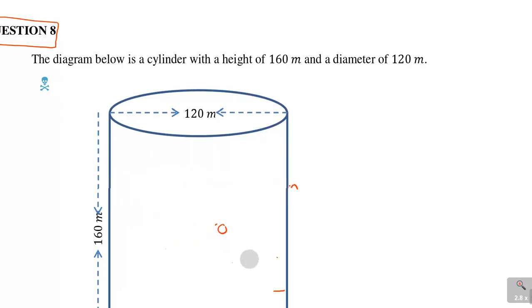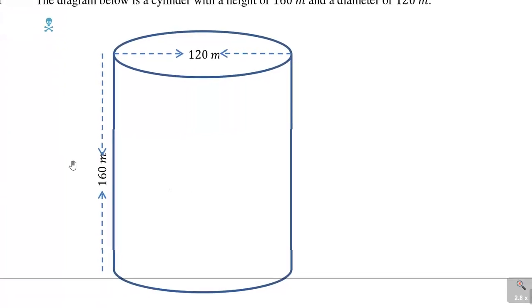Now when you're dealing with a cylinder, the first thing that you need to remind yourself is, when they're saying it's a sealed unit, they are saying this top is sealed.